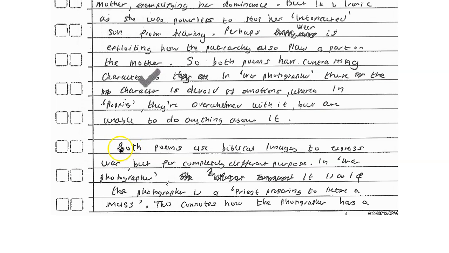Now Sanjay's going to go to a new method, which will be biblical imagery. "Both poems use biblical imagery to express war, but for completely different purposes. In War Photographer, it is as if the photographer is a priest preparing to intone a mass.